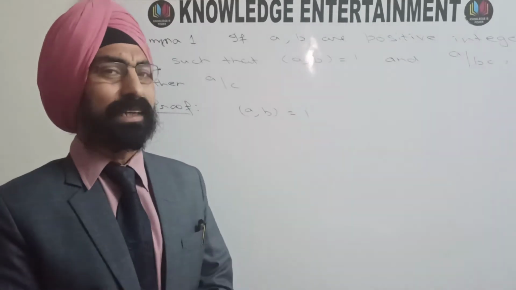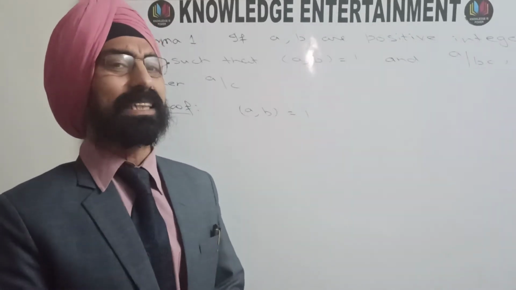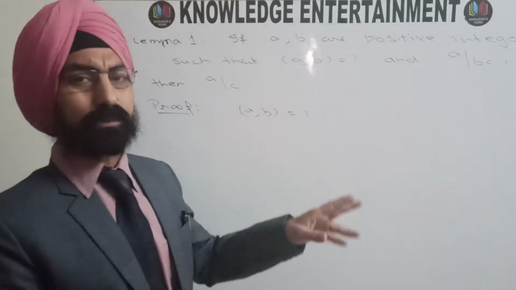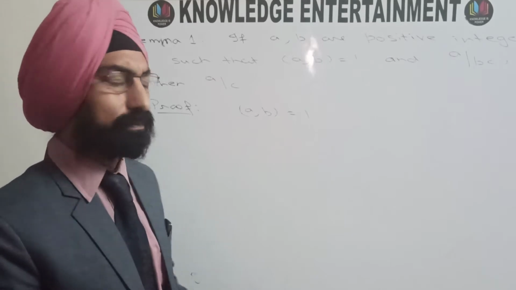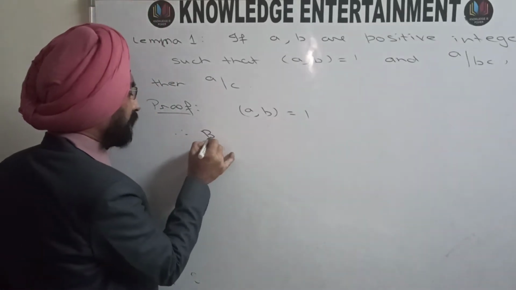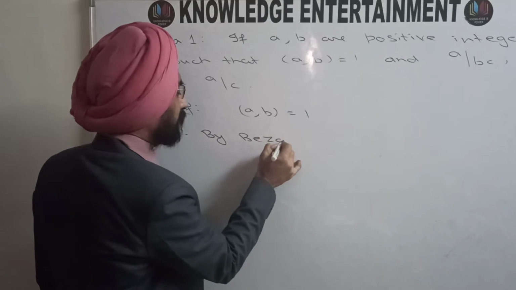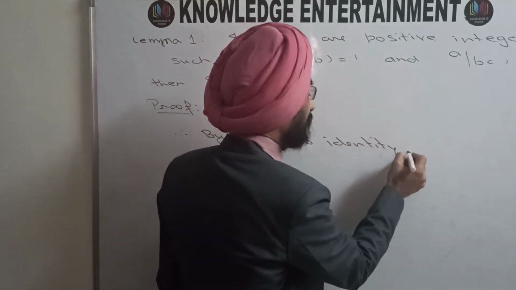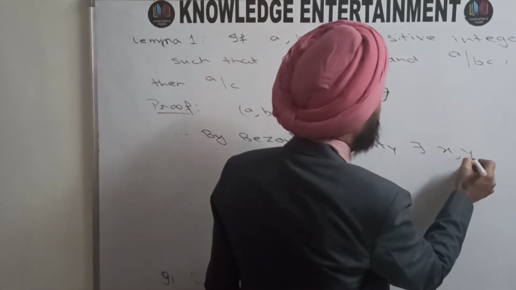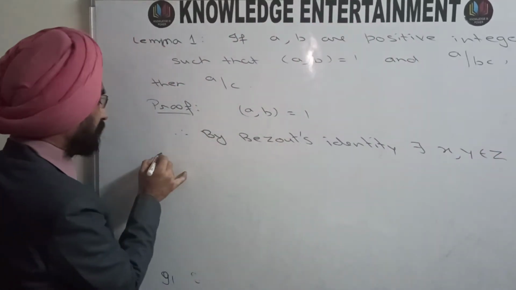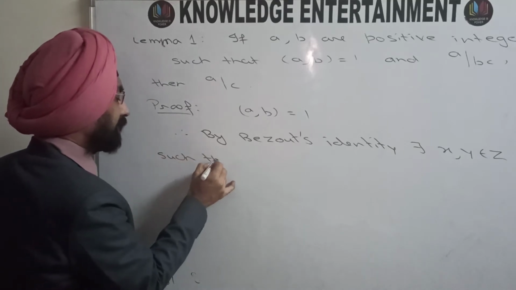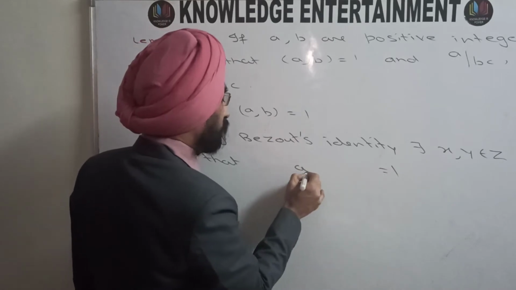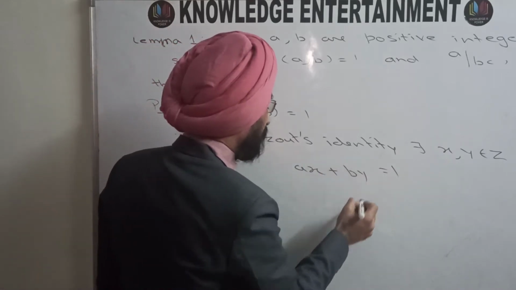Therefore, by Bezout's identity, there will exist integers x and y such that the GCD 1 can be expressed as a linear combination of A and B. So there exist integers x, y such that 1 equals Ax plus By.